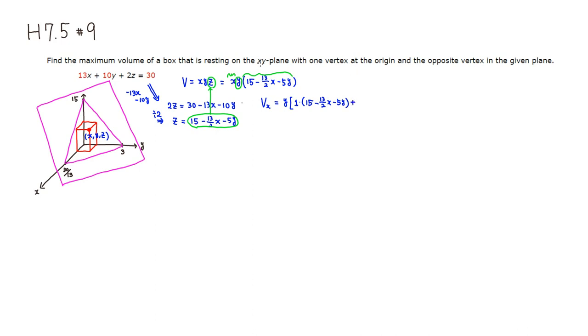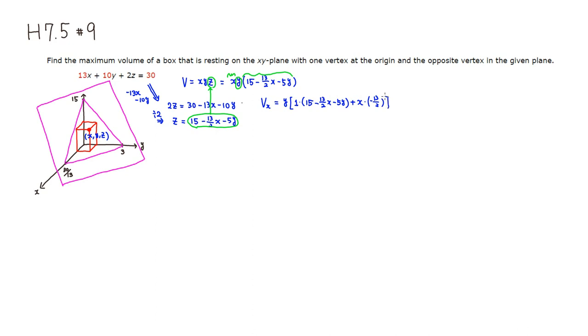the first guy, x, times the partial derivative of the second guy. The partial of 15 is 0, it's a constant, and negative 5y is going to be 0 too. So you just get negative 13 over 2.